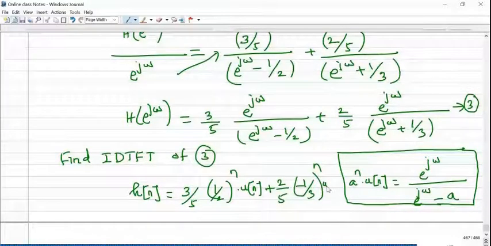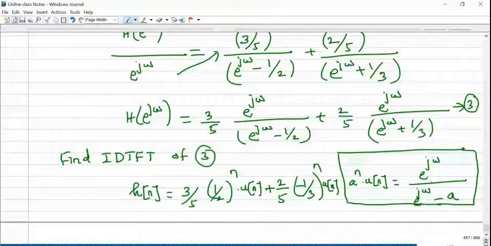Okay, because the formula for a power n u of n is e power j omega divided by e power j omega minus a. But here plus 1 by 3 is 0. So that is equal to minus of minus 1 by 3, right? So you may take this particular term as a power n u of n.